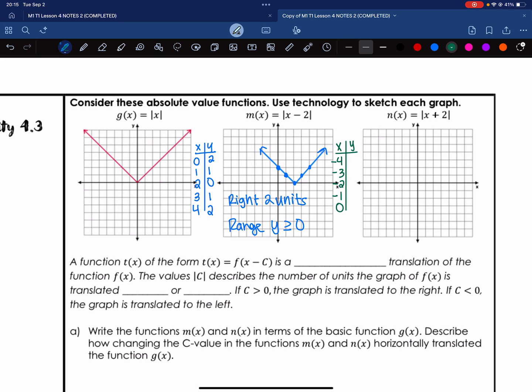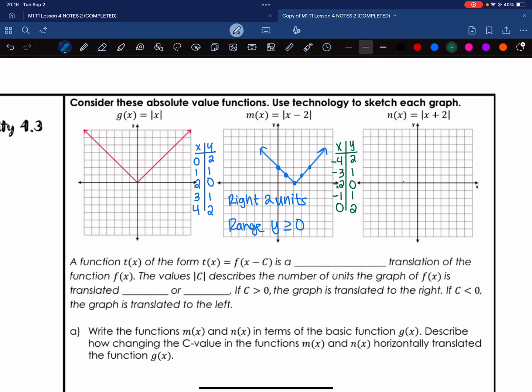Absolute value of negative 2 is 2. Negative 3 plus 2 is negative 1. Absolute value of negative 1 is 1. Negative 2 plus 2 is 0. Absolute value of 0 is 0. Negative 1 plus 2 is 1. Absolute value of 1 is 1. And 0 plus 2 is 2. Absolute value of 2 is 2.